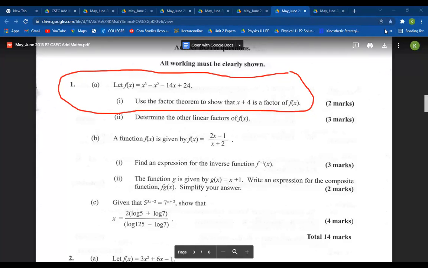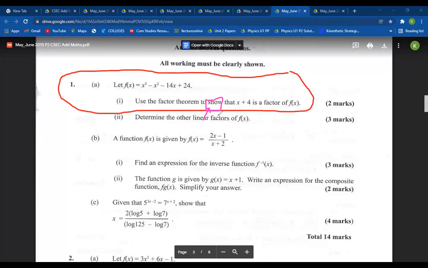And let me just point out something to you real quick. I pointed it out last class. See this word show? Because they told you to show that this x plus 4 is a factor of the function f of x. Because they use this word show, this means x plus 4 is, for a fact, a factor of f of x.